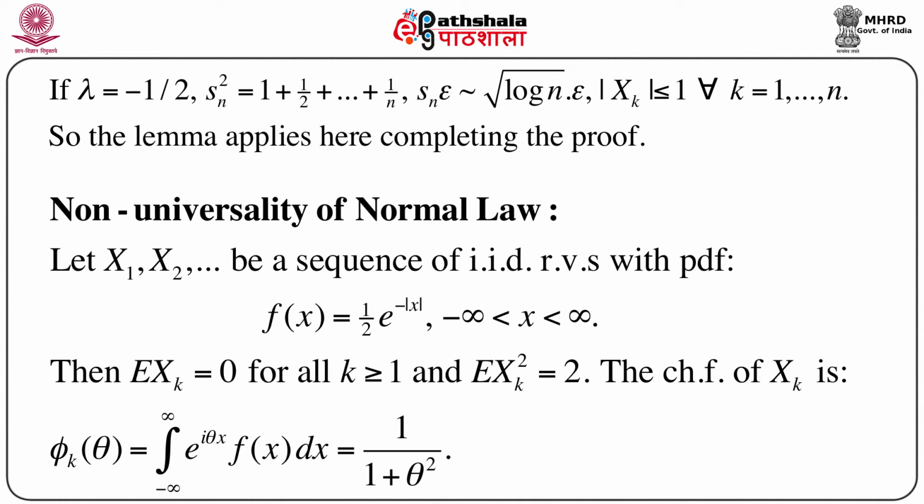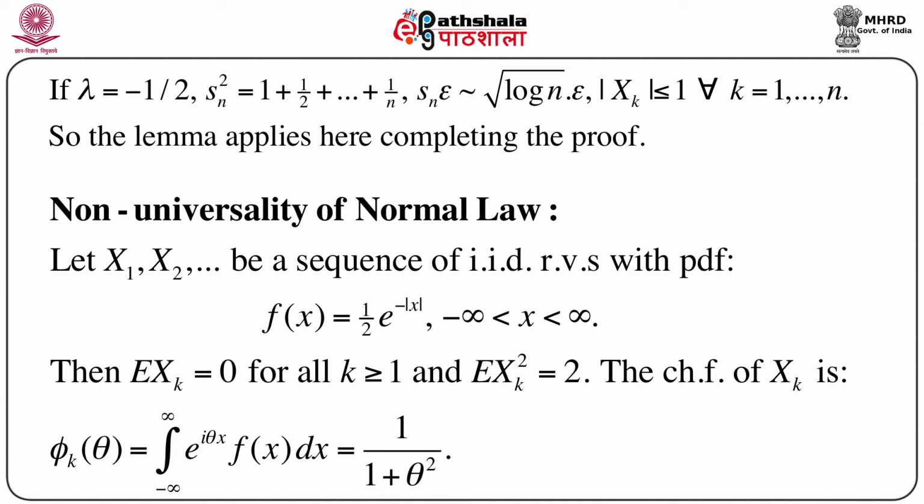That means, although we have a notion that whenever we have some kind of normalized sum, or want to investigate the behavior of a statistic when the sample size is very large, then as n goes to infinity, this random variable converges to a standard normal variable in distribution, that is not always true. This example will clarify this thing.